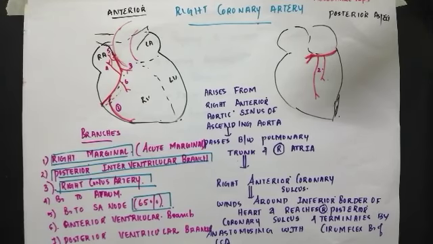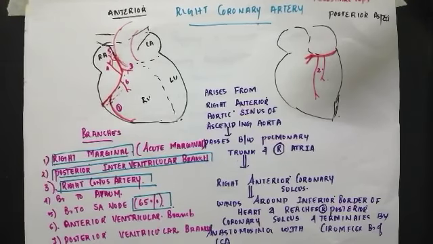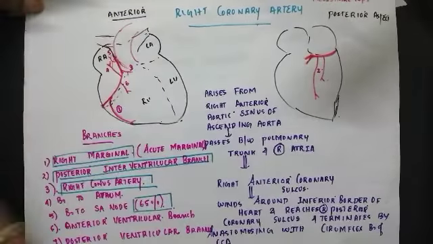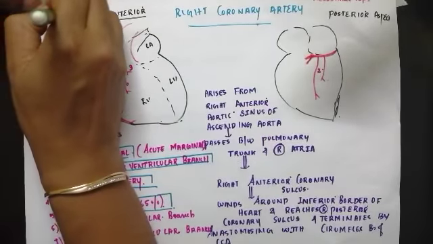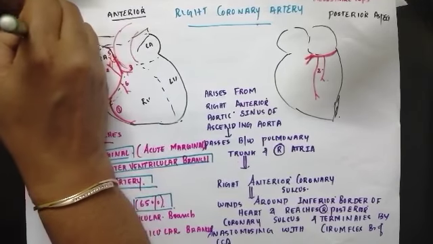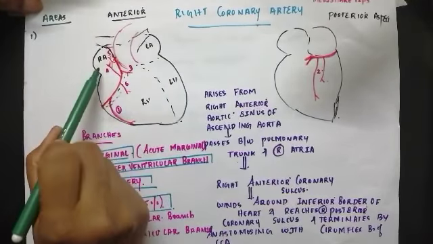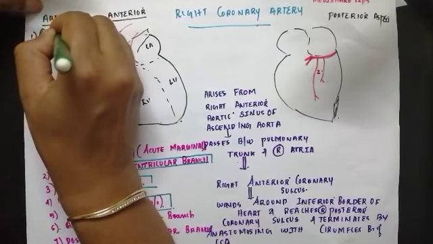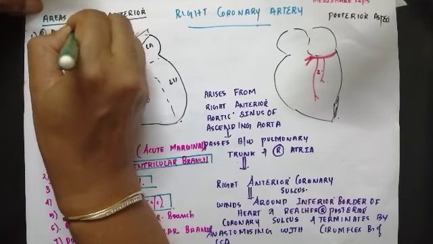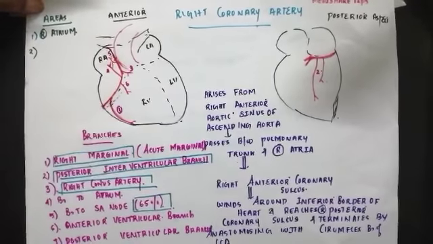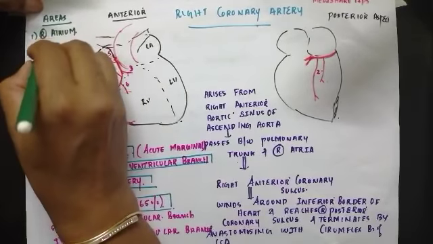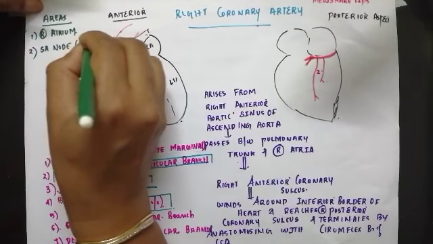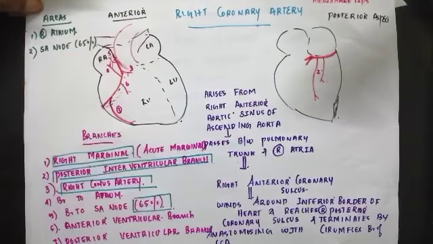Now, what are the areas supplied by the right coronary artery? First, we know that there is an atrial branch to the right atrium. So the right atrium and a small portion of the left atrium are supplied, but mainly the right atrium. The SA node is also supplied in 65% of patients.